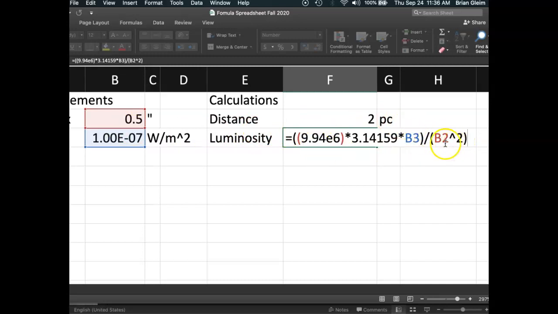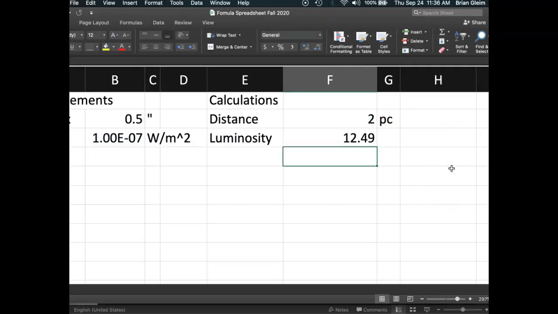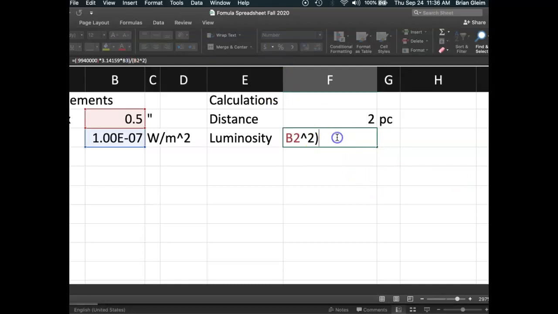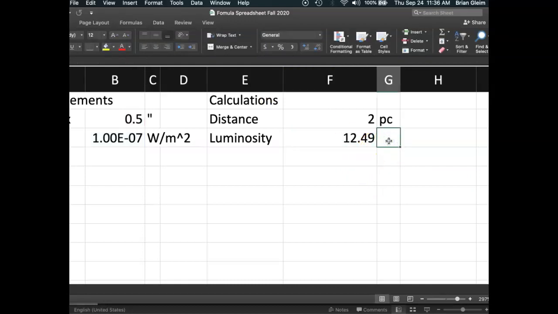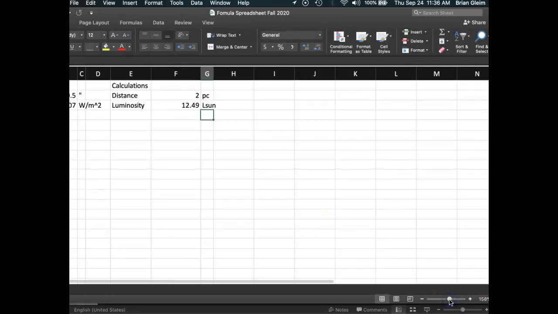I'm dividing by the parallax squared on the bottom. I hit enter. Okay, that star has a luminosity of 12.5. What are my units for luminosity? Well, this equation is designed to give us the luminosity in solar luminosities.